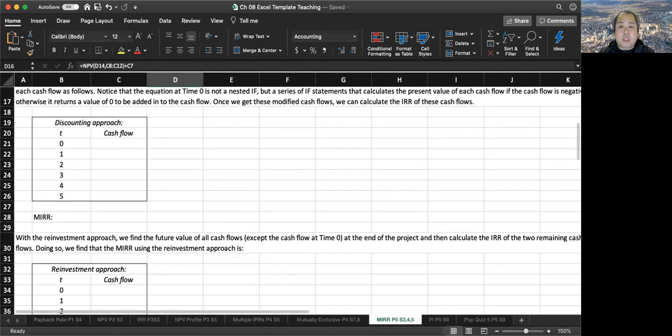Discounting approach. Let's compute the present value of the 5th year cash flow and add it to CF0. Calculate the present value of CF5 and add it to the initial cash flow.